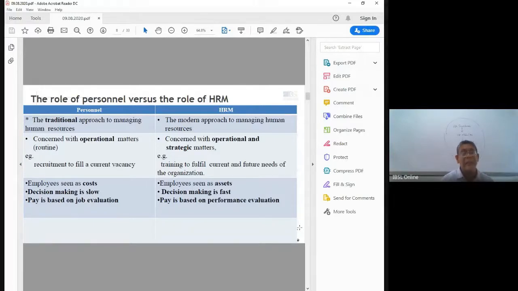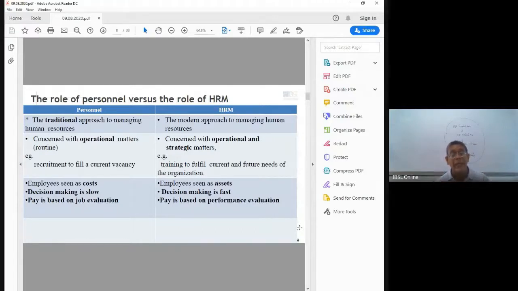First difference, personal management is a traditional approach to human resource, but today it is a modern approach to managing human resource, which we call human resource management. Earlier we were concerned only with operational, routine matters of HR.